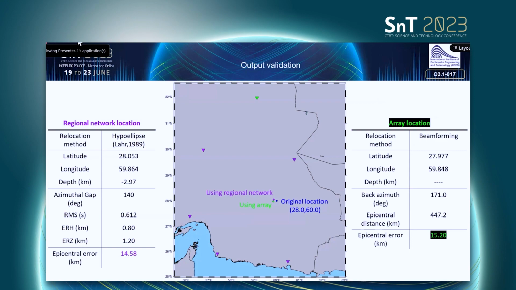I want to focus on the absolute epicentral error, which is approximately 15 kilometers for both methods, which kind of confirms our array is working and locating the synthetic earthquakes with a reasonable accuracy.